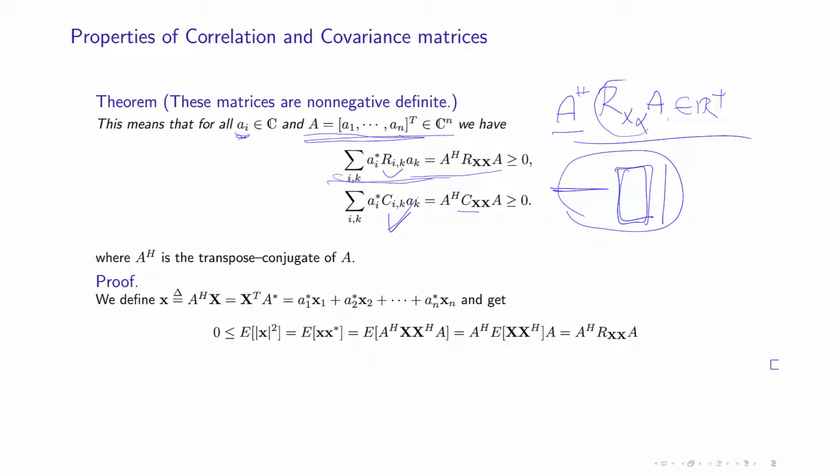The proof is very easy, because what you could do is define A Hermitian X as a linear combination of your random variables, because A Hermitian X is A1 conjugate X1 plus A2 conjugate X2, etc., because this A Hermitian becomes A1 conjugate, A2 conjugate, etc., AN conjugate. And this X is a column vector, which is, let's say, X1, X2, Xn.